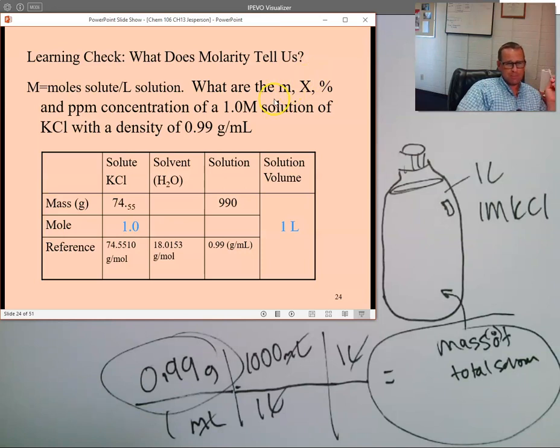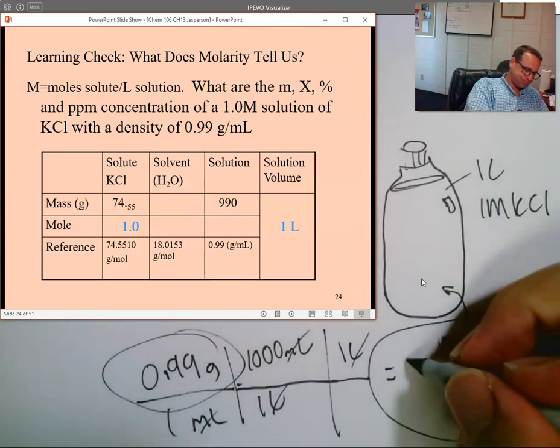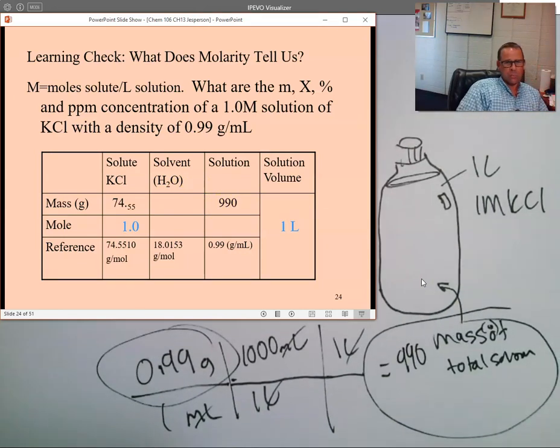Per what? Kilograms of solvent. That's right, kilograms of solvent. So I need my moles of solute here, and then I need to get grams of solvent. Okay, this 990 is the mass of the total solution. That mass comes from the KCl and from the water, the solute and the solvent.